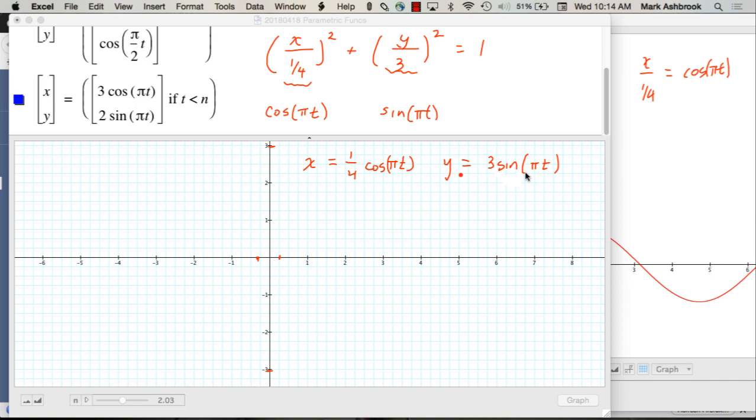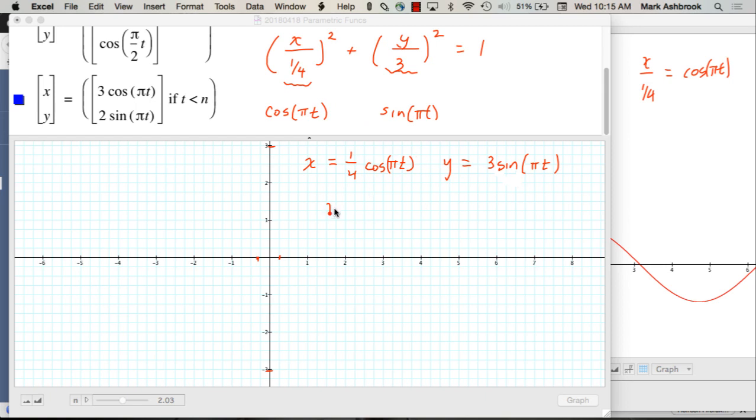Can I do pi t, or do I have to do pi over 2t? Bryce? You could put any number in front of it. Okay, so what changes when I change this coefficient? I could have pi over 2, I could have 2 pi. The speed at which it's generated. Yeah, so as t goes from 0 to 1, you're going to get more or less of the points, depending on what your coefficient is.